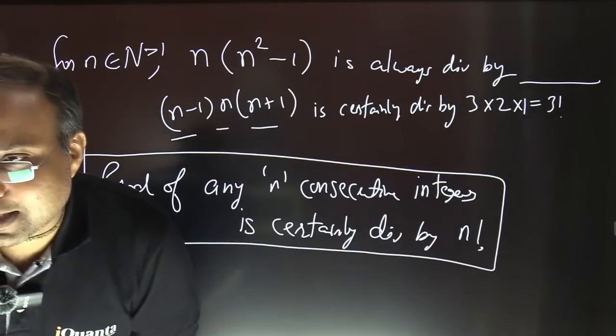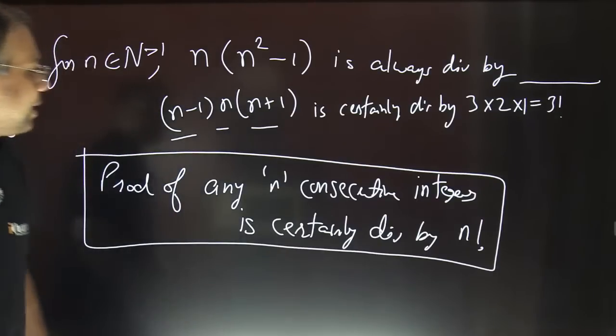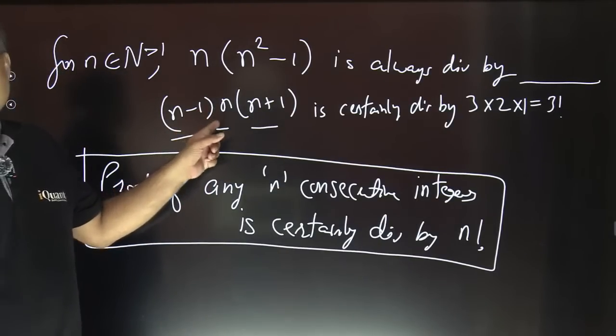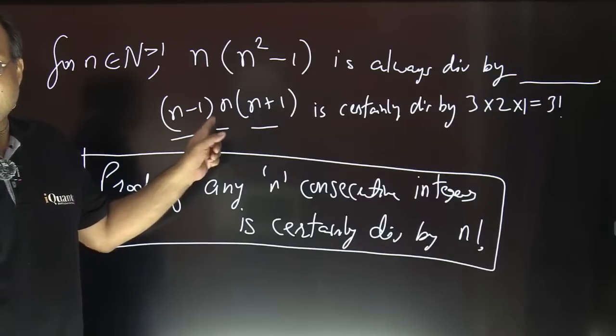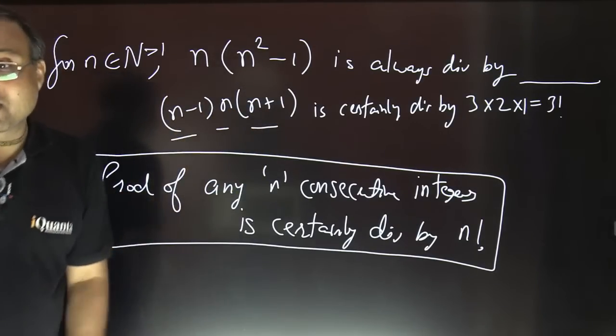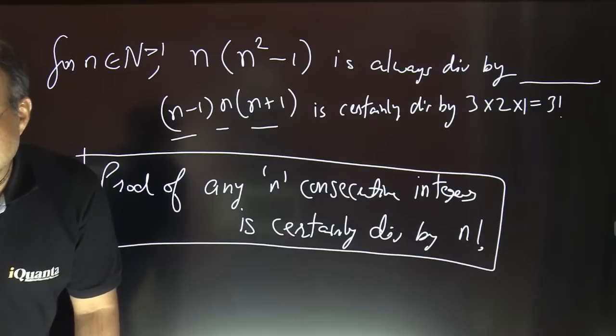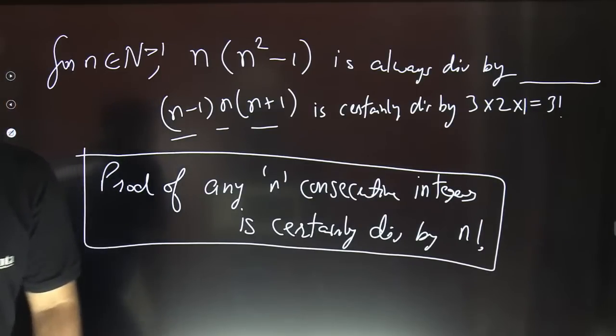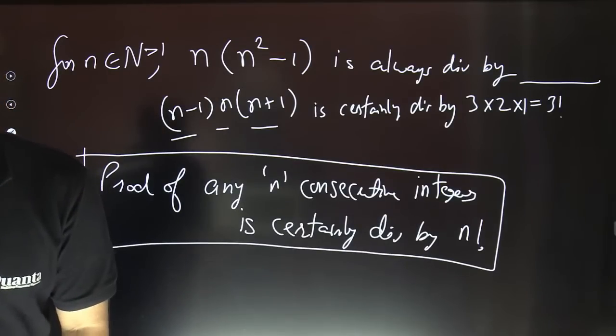Shavik, why is it necessary for 2 to definitely divide it? Shavik, see here. If n is an even number, n minus 1 is odd, n plus 1 will also be odd. Then there is only one number which is even, na? Is it okay? Understood? Shobik, abhi to bataya, baba.